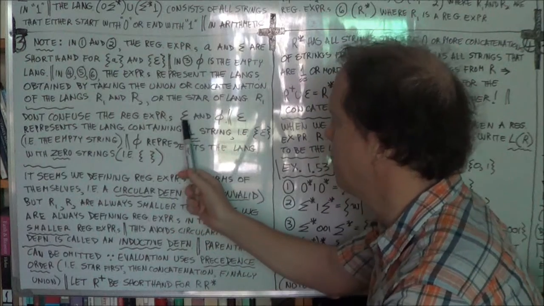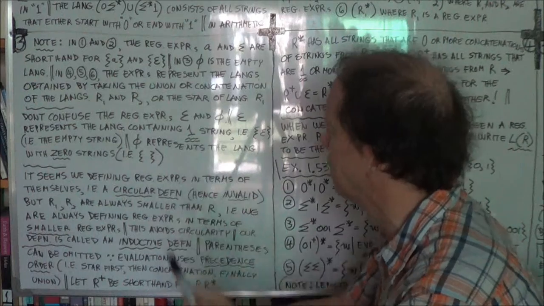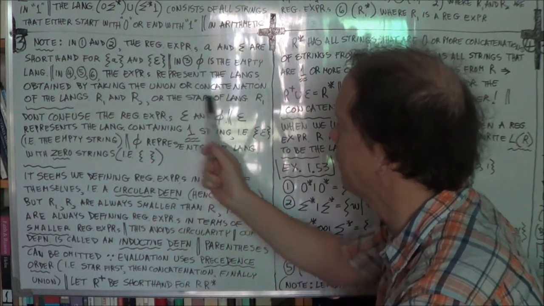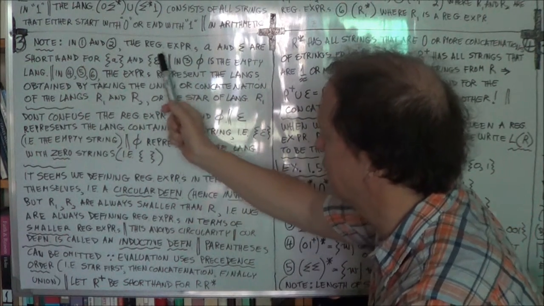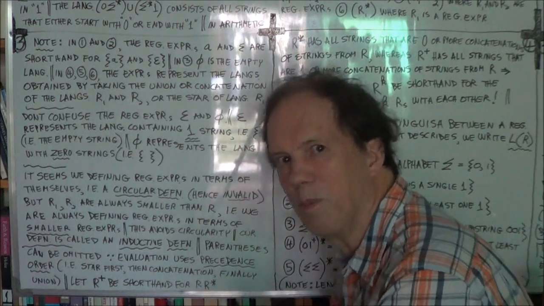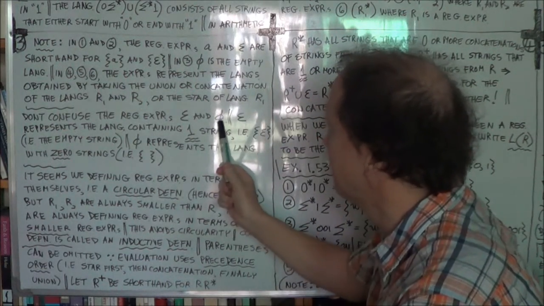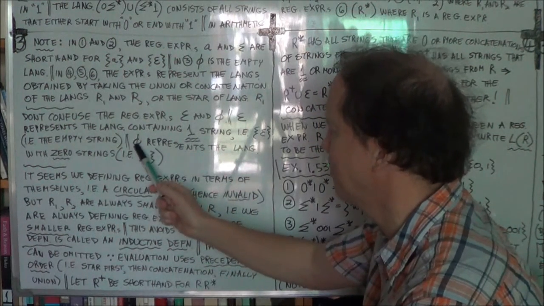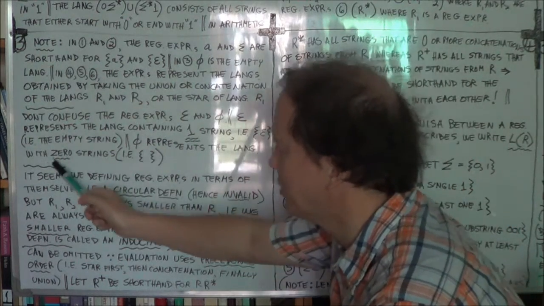It's easy to be confused by what's the difference between eta and the empty set? Well, remember this is shorthand for that. Right? So this is a set with 1 element, okay? The empty string. Whereas this is the empty set. Okay? So this symbol here looks like a 0 with a stroke. That represents the language with 0 strings.